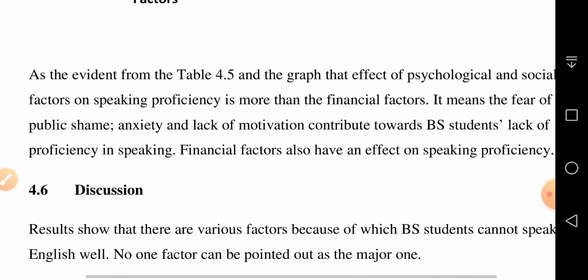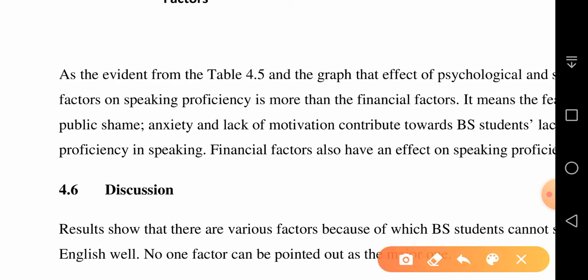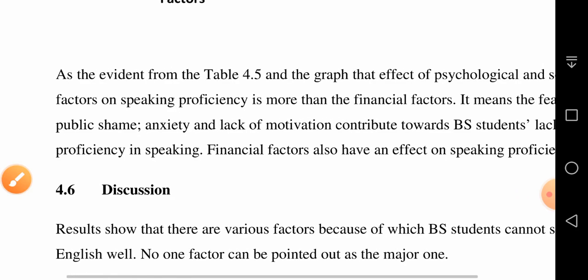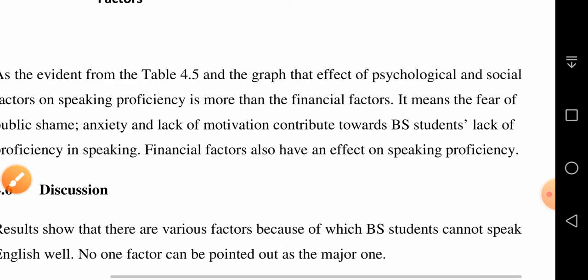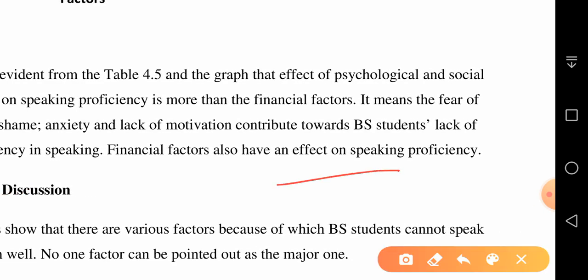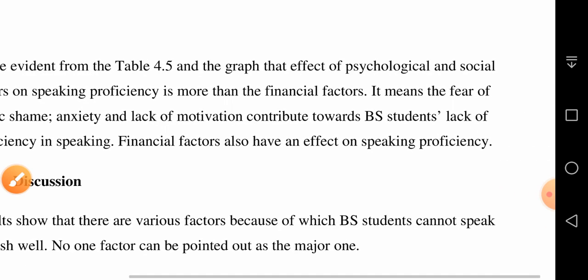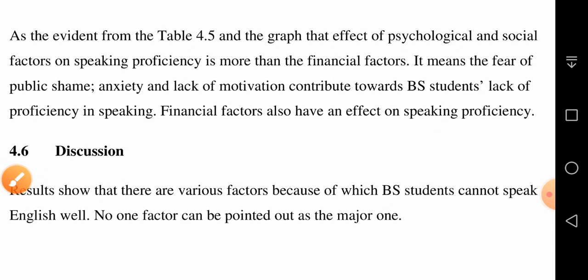As is evident from the table and the graph, the effect of psychological and social factors on speaking proficiency is more than the financial factors. It means the fear of public shame, anxiety, and lack of motivation contribute towards BS students' lack of proficiency in English. Financial factors also have an effect on speaking proficiency, but not to a greater extent.